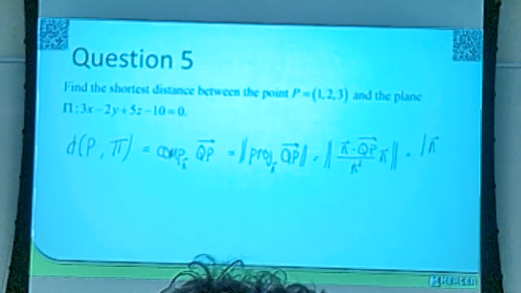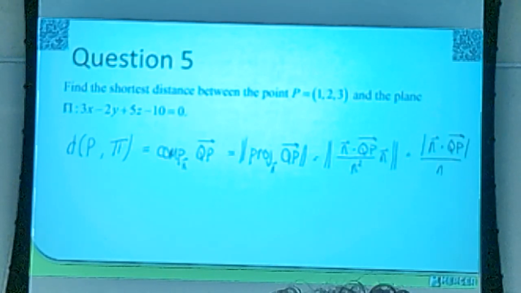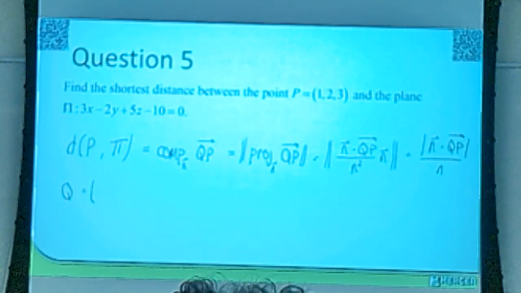That's the absolute value of n dot QP divided by the magnitude of n. All we have to do is find our point Q. Now remember, it can be any point on our plane.